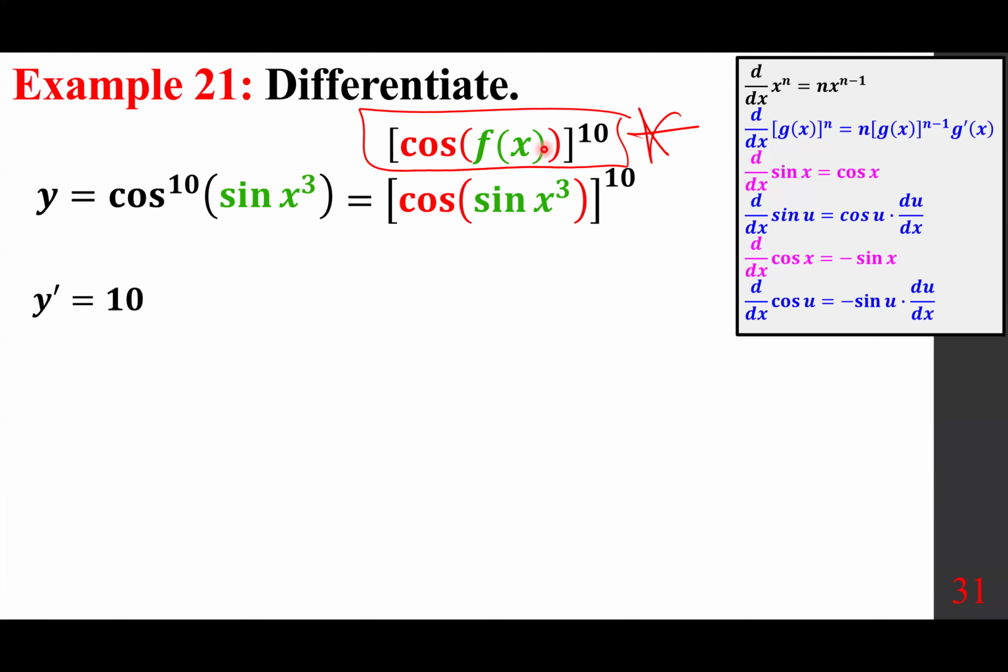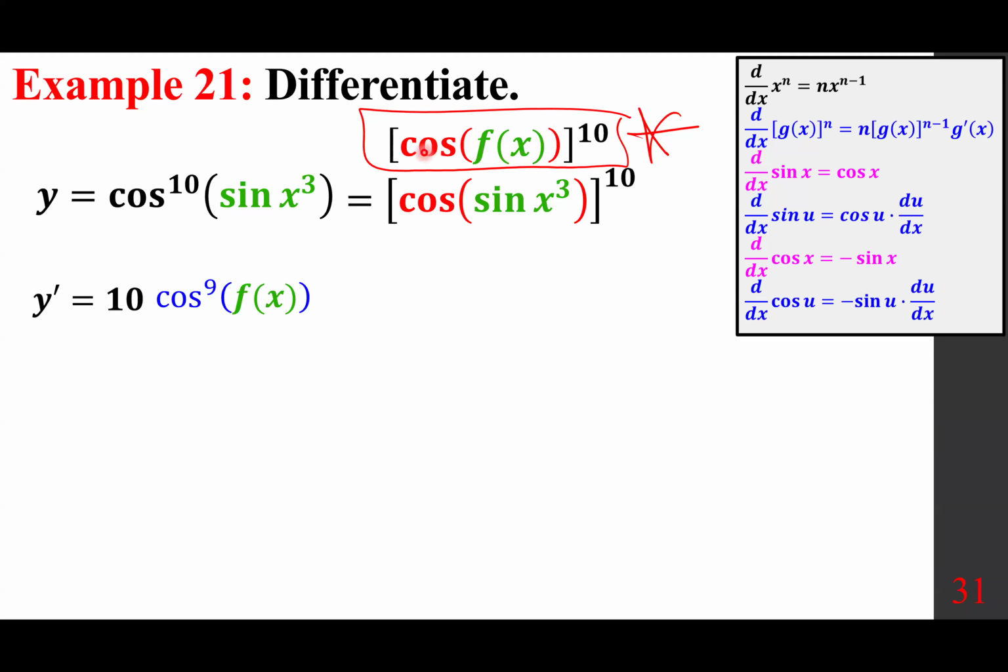That means cosine of f of x to the power of 10 minus 1, meaning to the power of 9. And you can write cosine to the power of 9 f of x. This is the proper notation as well. So we got the n, we got g of x to the power of n minus 1. Finally, we want g prime. So what we want is the derivative of the brackets, the derivative of cosine of f of x.